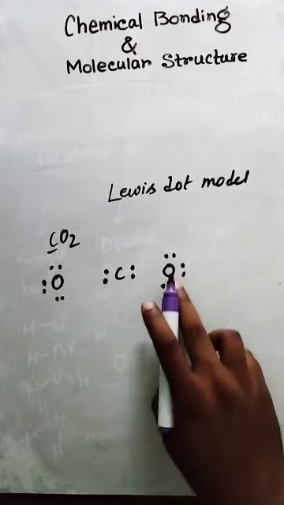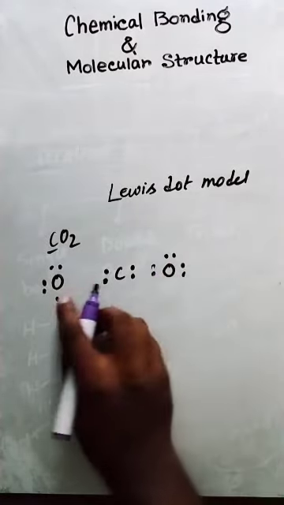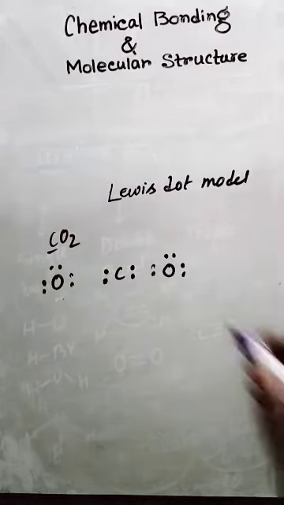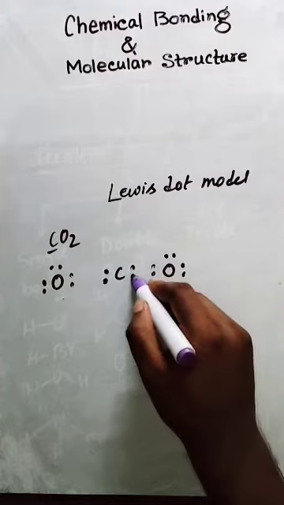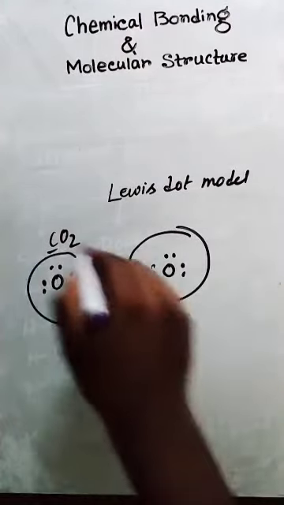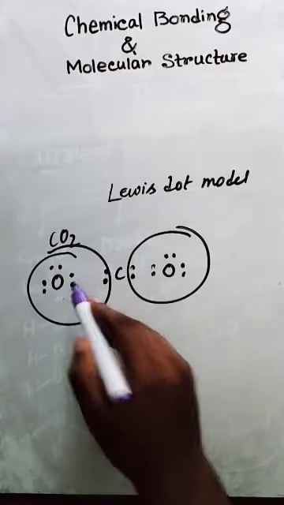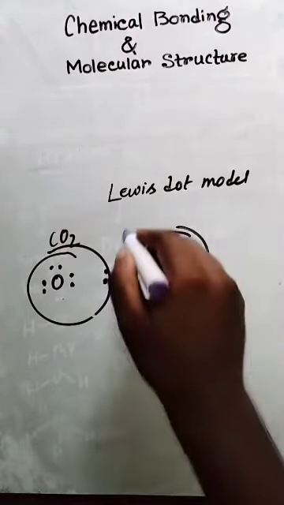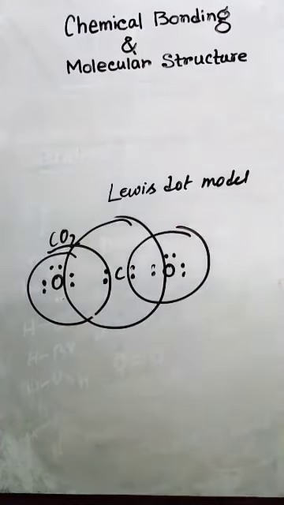Oxygen requires 2 electrons for octet configuration, and carbon requires 4 electrons for octet configuration. So carbon shares 2 electrons with each oxygen, and each oxygen shares 2 electrons with the carbon atom, just like this.